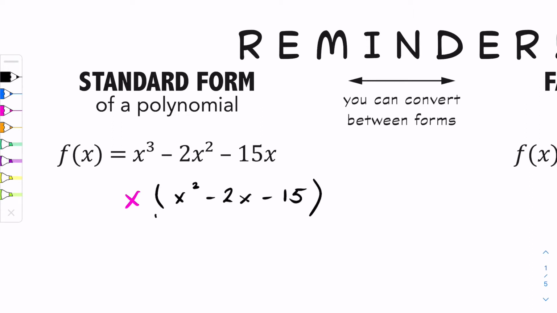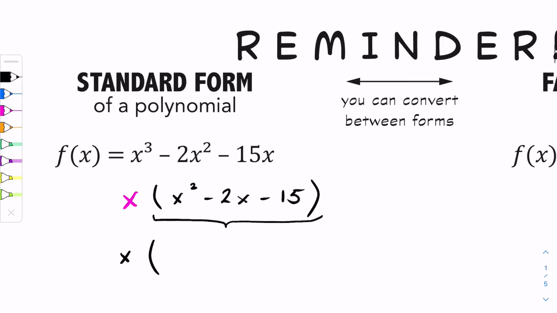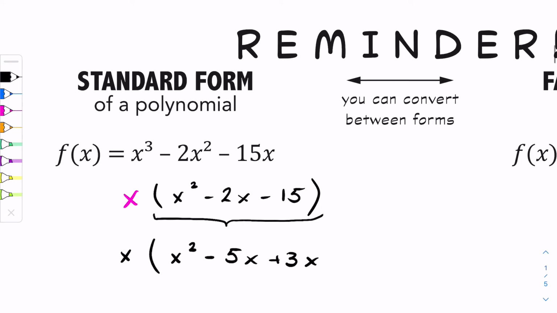And then I'm going to look at this expression here, and I'm going to think to myself, what two factors multiply to equal negative 15, and the same two factors add to equal negative 2? That's going to be negative 5 and positive 3. So I can rewrite this as x multiplied by x squared minus 5x plus 3x minus 15.